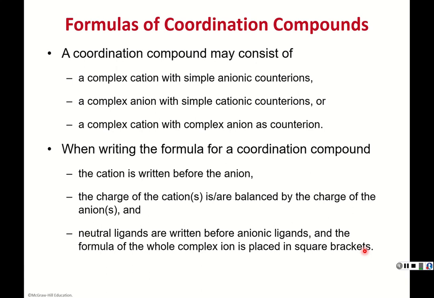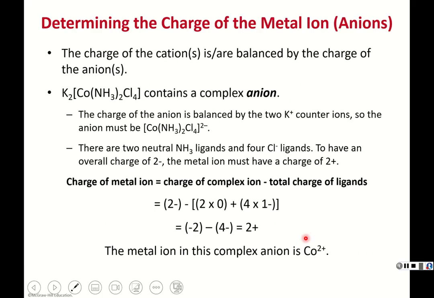If that's the case, any neutral ligands you have are written before the negatively charged ligands. The charge of the cations is balanced by the charge of the anions, as I've mentioned, so you have to make sure that this thing balances.